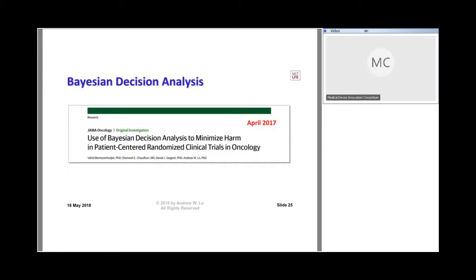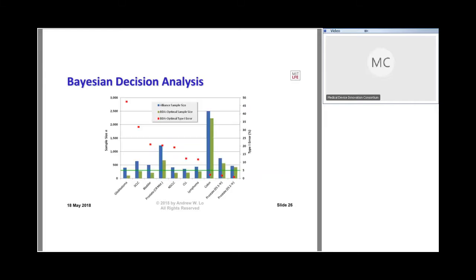And here are the outcomes for the Alliance trials that we looked at. There are a few things going on here, but I just want to point you to the red dots, because the red dots are the Bayesian decision analysis optimal trade-off between type 1 and type 2 error in terms of what the p-values are that would make that optimization work.